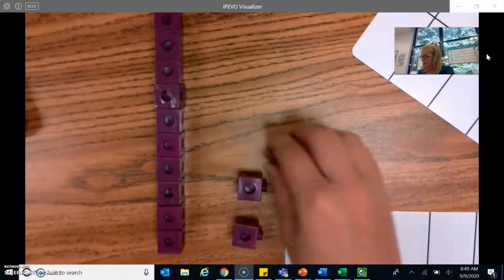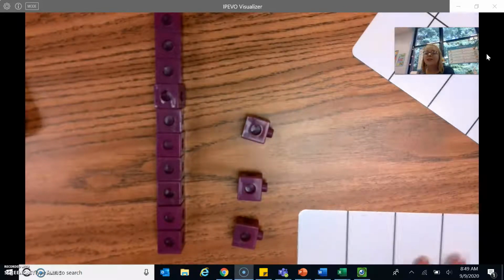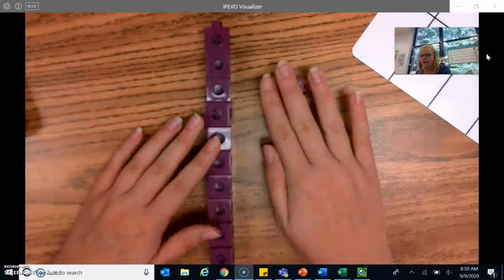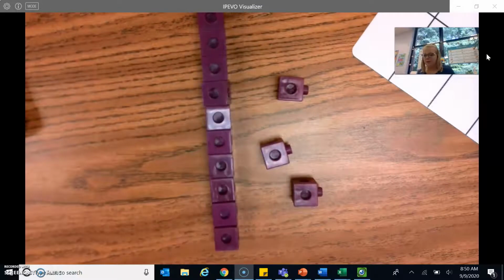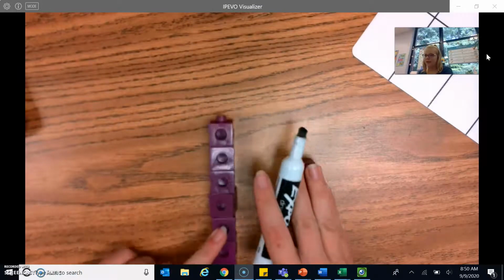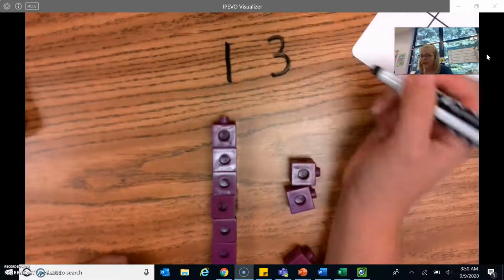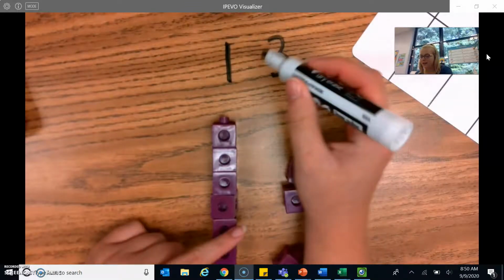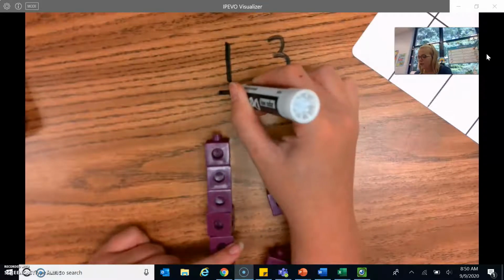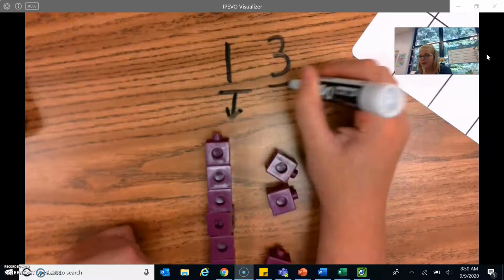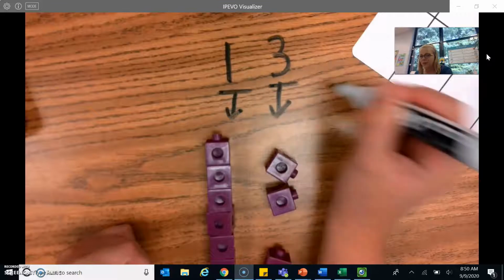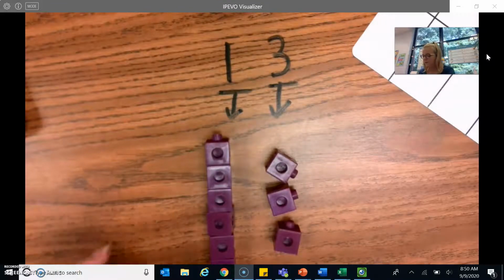I'm not going to stack those up because it's not a full group of 10. So my number is 13. So I have one group of 10 and 3 ones. This number shows my groups of 10s, and this number shows my ones, right?